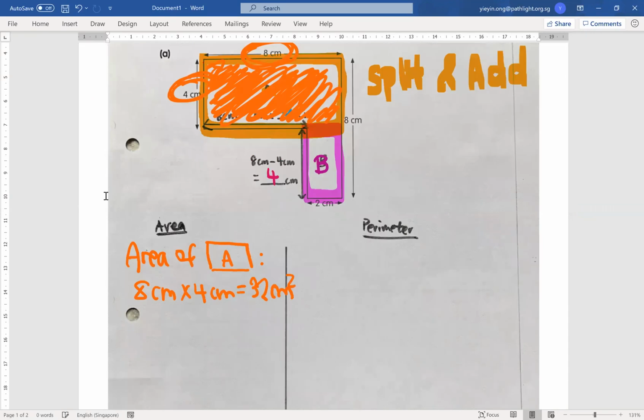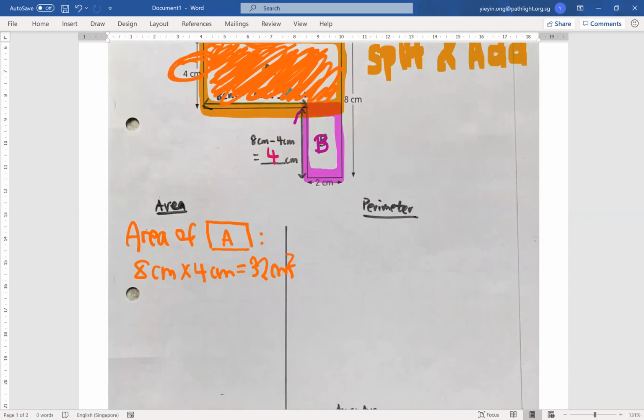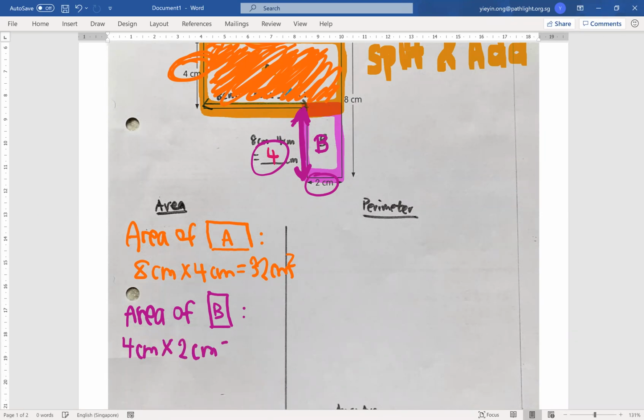Again, length, which is 4 centimeter, we already found the unknown, times the breadth, 2 centimeter. So area of rectangle B would be 4 cm times 2 cm. That will give me 8 square cm.